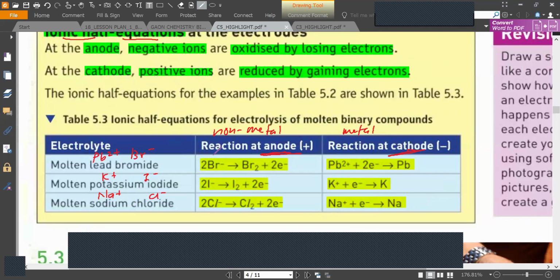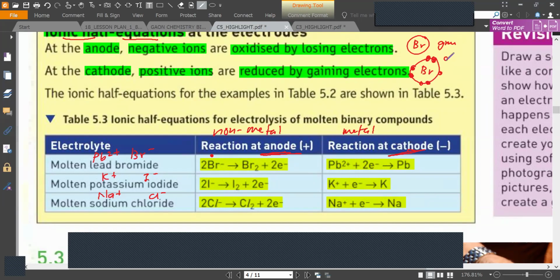For the bromide, as I mentioned before, it will remove the charge. Bromine, if we go to the periodic table, is in group 7, so it has 7 outer electrons.